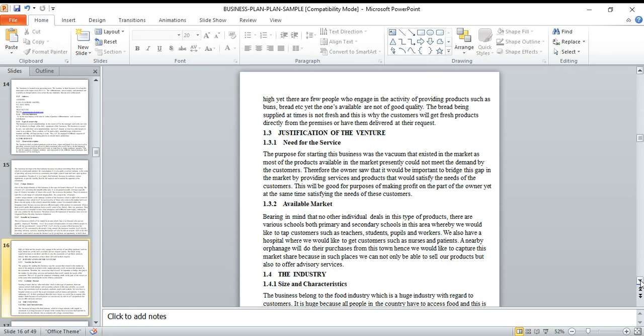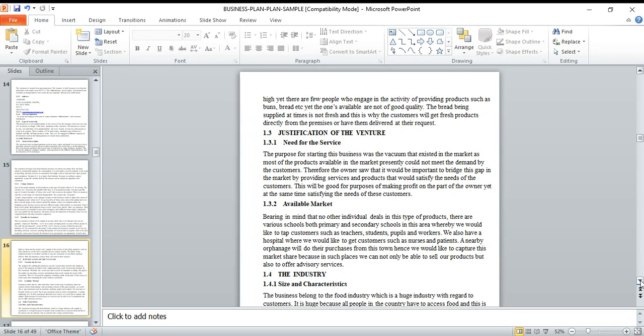Now we said the business description should also contain justification. So justification, one, we're talking of the need of the service, then the available market. How do we justify these two sections? For the need of the service, the purpose of starting the business was the vacuum that existed in the market, as most of the products available in the market presently could not meet the demand by the customers.